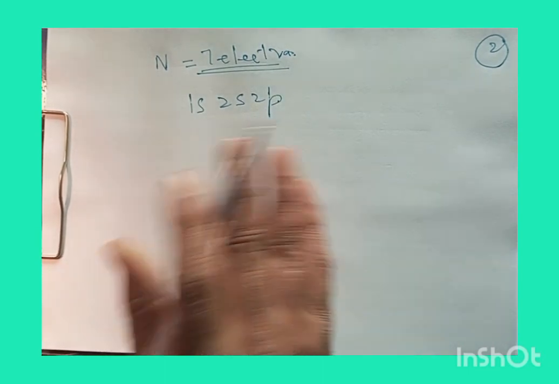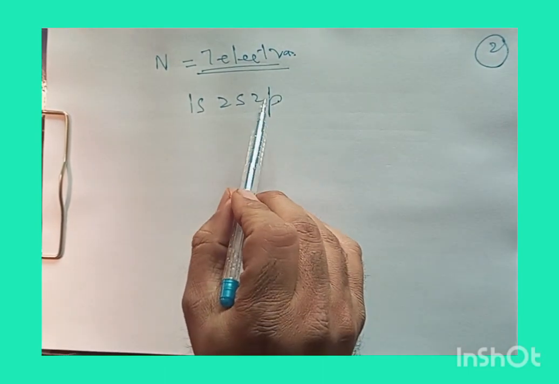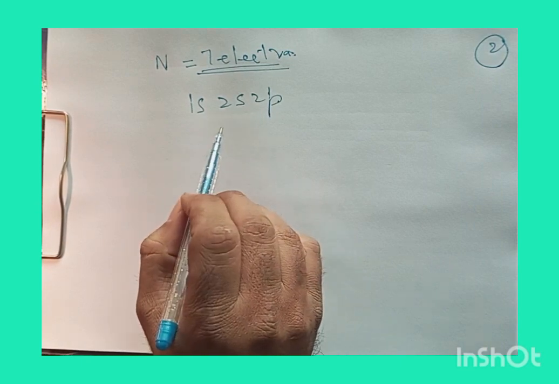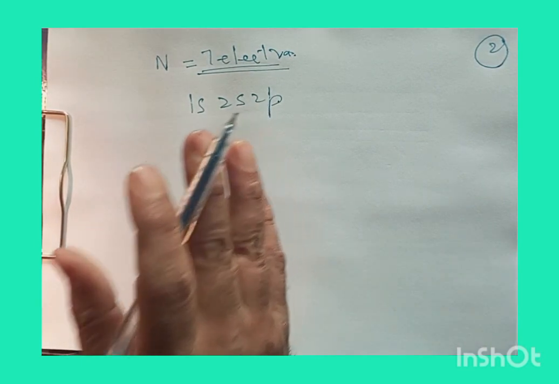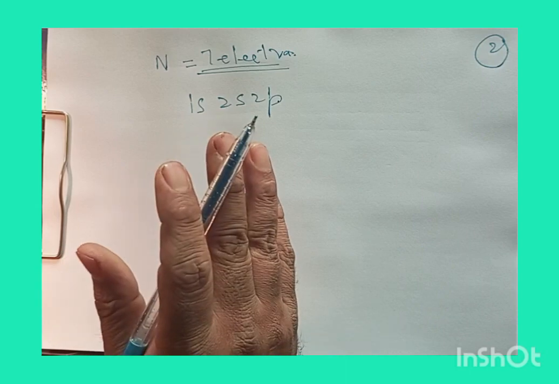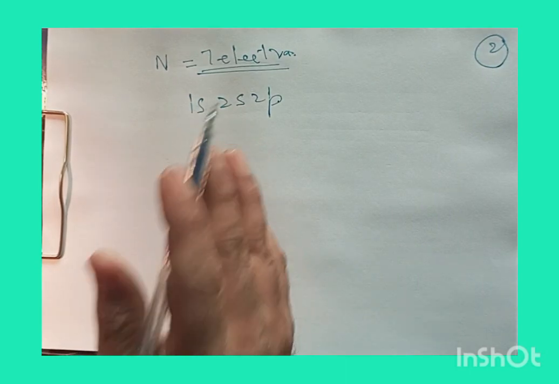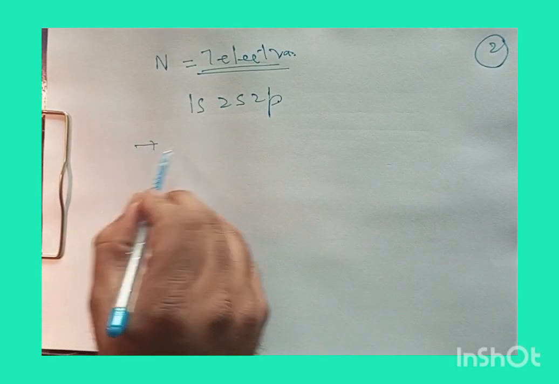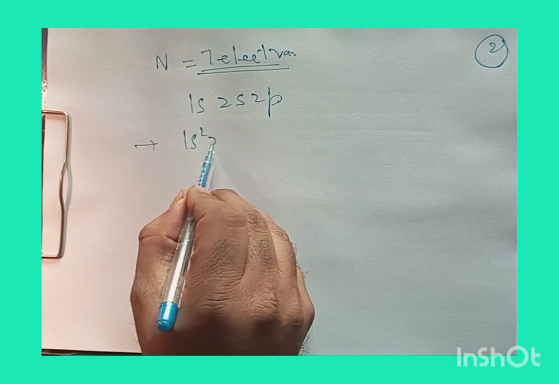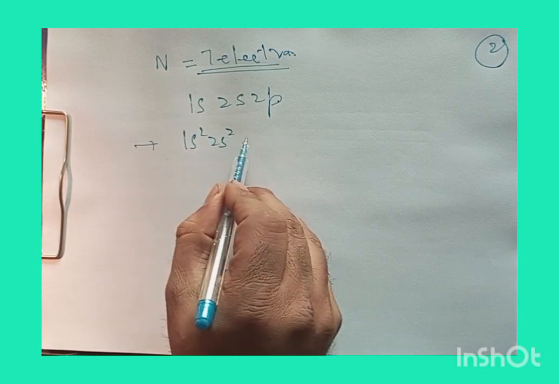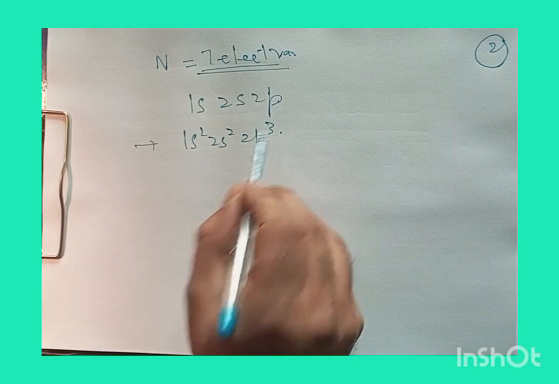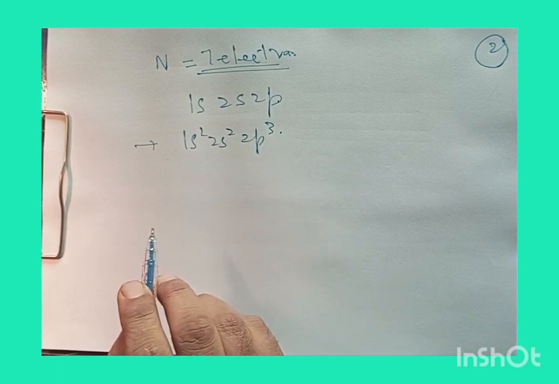Since each orbital can accommodate only 2 electrons at the maximum, in view of Pauli's exclusion principle, the electronic configuration of nitrogen will be 1s2, 2s2, and 2p3. That's going to be the case.